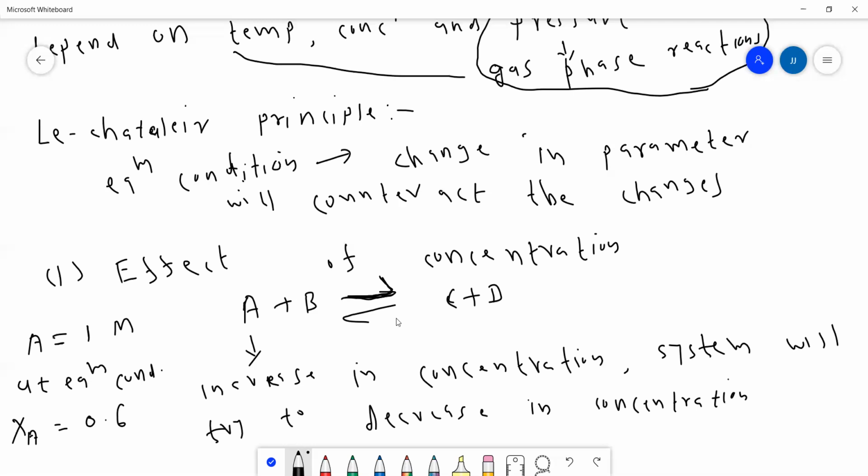Equilibrium will shift to counteract the changes. Let me also write: changes in the parameter will counteract the changes, and equilibrium will shift.